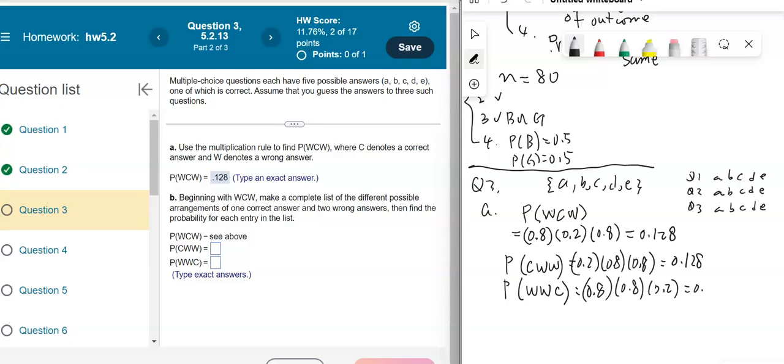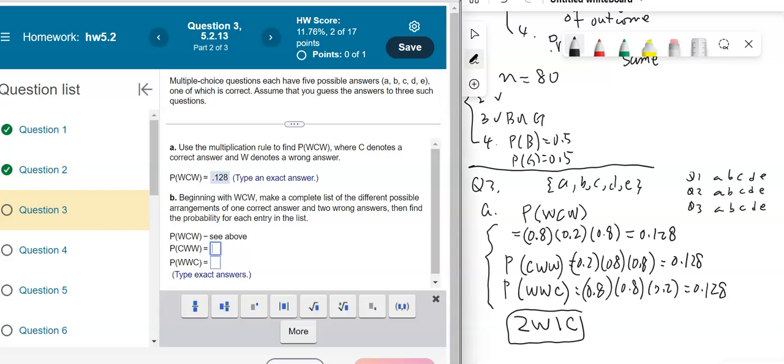Well, this gives the same one. This is the only way you're going to get 2 wrong, 1 correct. So over here, 0.128. Over here is also 0.128.